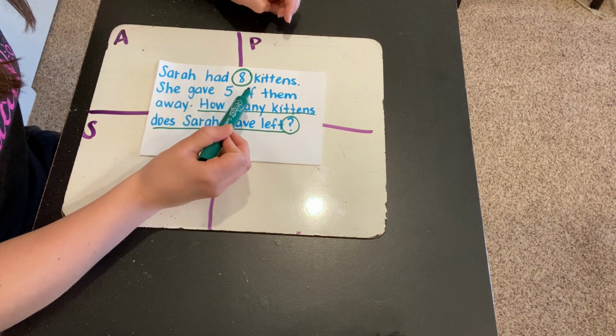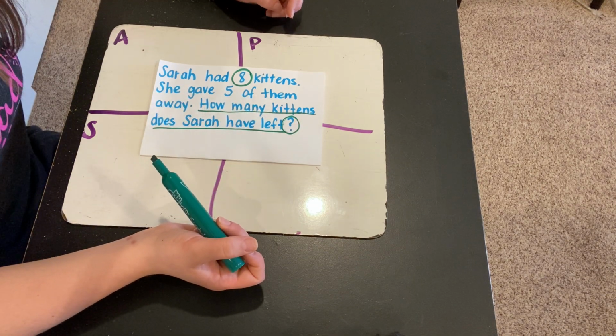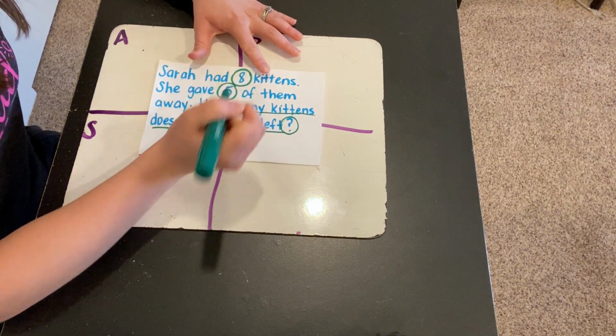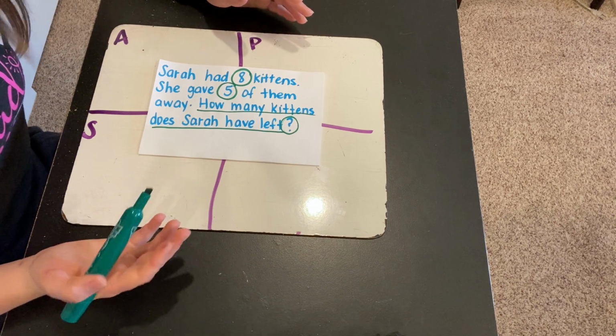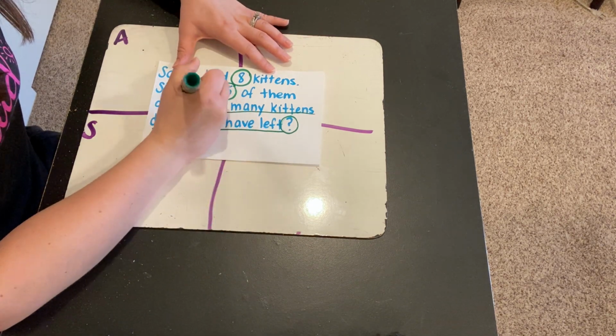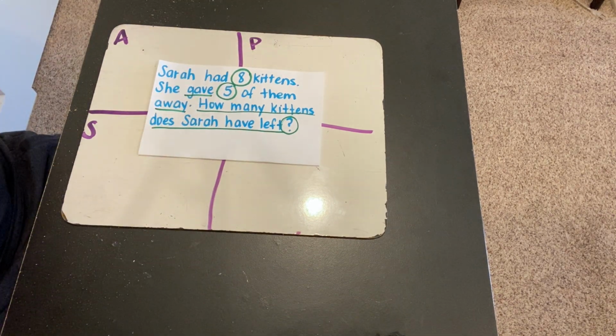She gave 5 of them away. What's important from that one? Well, the number 5. 5 what? What does 5 tell us? It tells us how many she gave away. Those words may be clues to help us figure out whether we need to add or subtract.